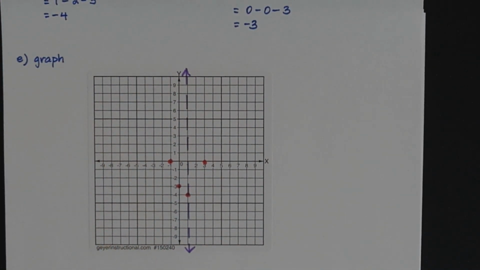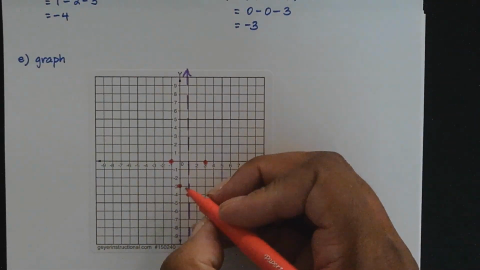Now, for the additional point, it's going to be this. If I look at the distance from that y-intercept to this axis of symmetry that I drew, that distance is one place to the left. So the other point with the same y-coordinate will be one place to the right. Because symmetry means this: the left side has to be the mirror image of the right side.